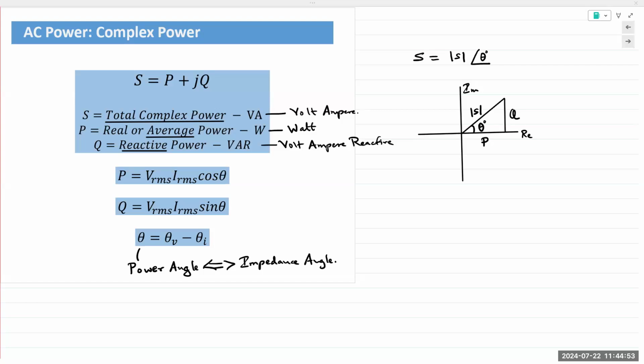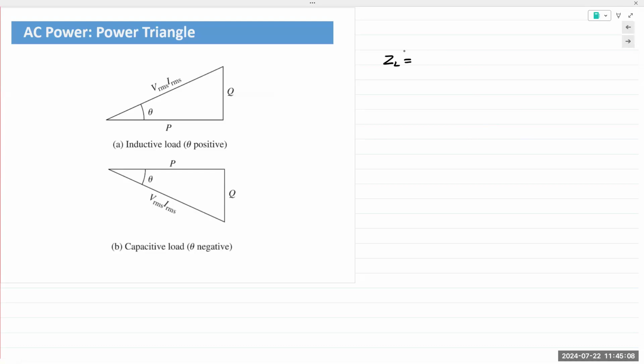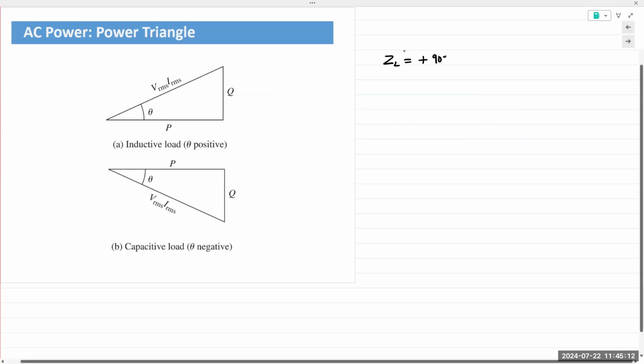So here's how we handle this mathematically. ZL is always positive. Right? Impedance of an inductor is always positive because it is always pointing up.